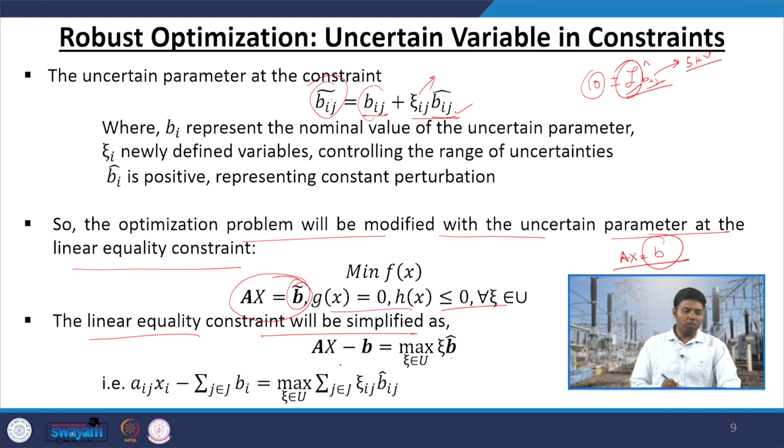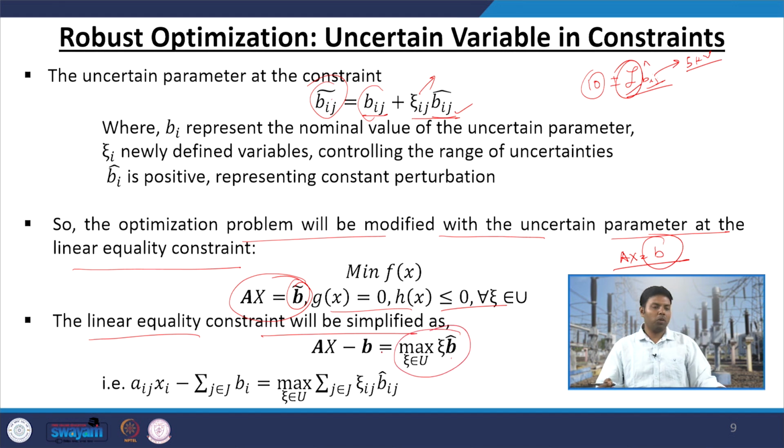So, you keep the nominal value on the left side, and on the right side you have the worst case possibility, that is the maximum value of your b. If you write it in element form, you will get Aij xi minus the summation of the maximum of bi, signifying the uncertain parameter.